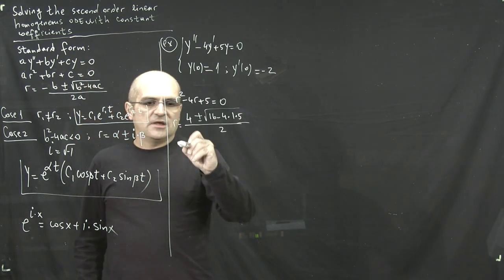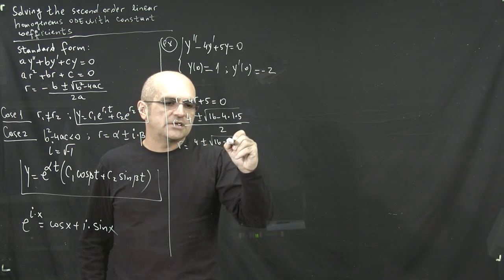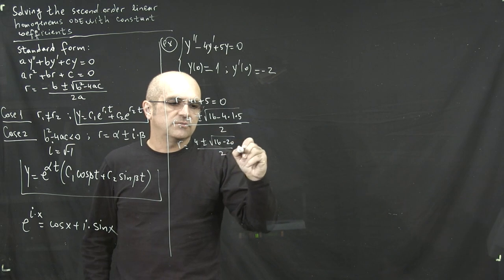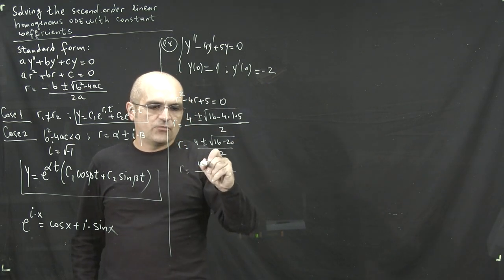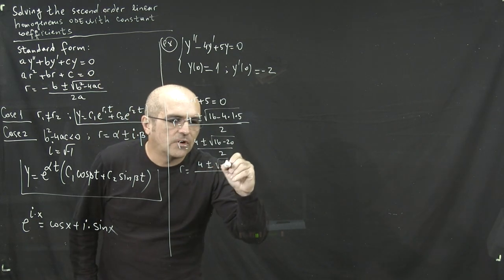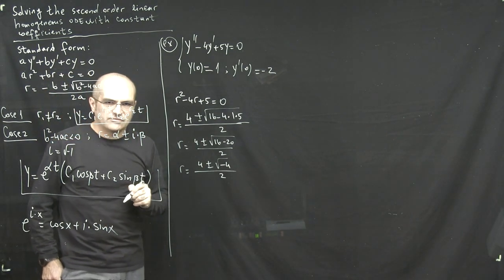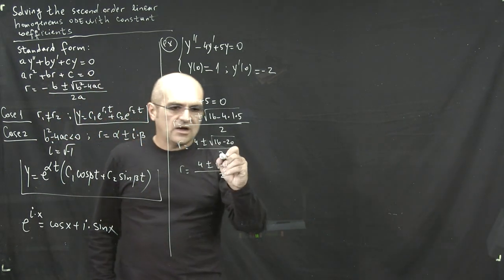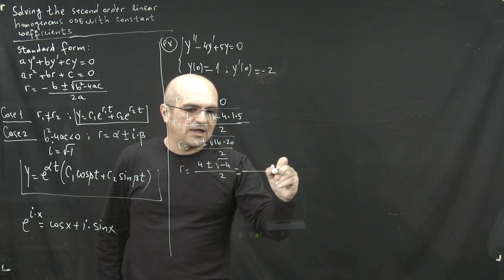So that gives me 4 plus minus square root of 16 minus 20 over 2. And that's 4 plus minus square root of minus 4 over 2. So you have to pay attention with the computation here, especially if you have complex numbers. Minus 4 under the radical becomes 2i.